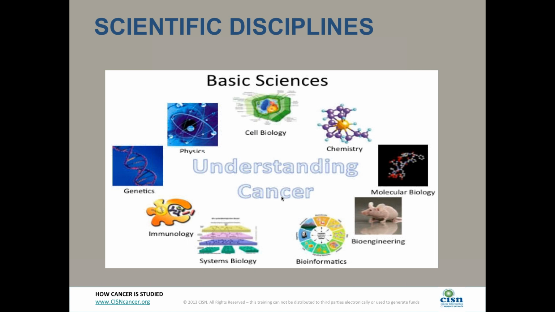So more and more disciplines are coming into this field. In fact, I was just involved with a project where there was a math modeler who was crunching data, but making mathematical models that would help determine risk. So lots of different people are involved with cancer research than 20 years ago.